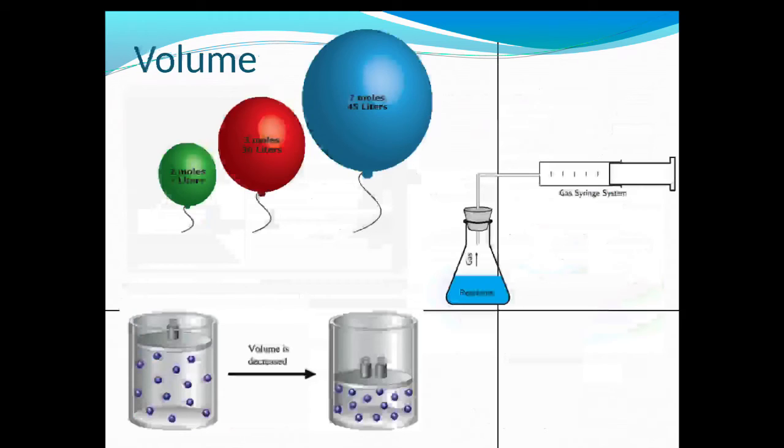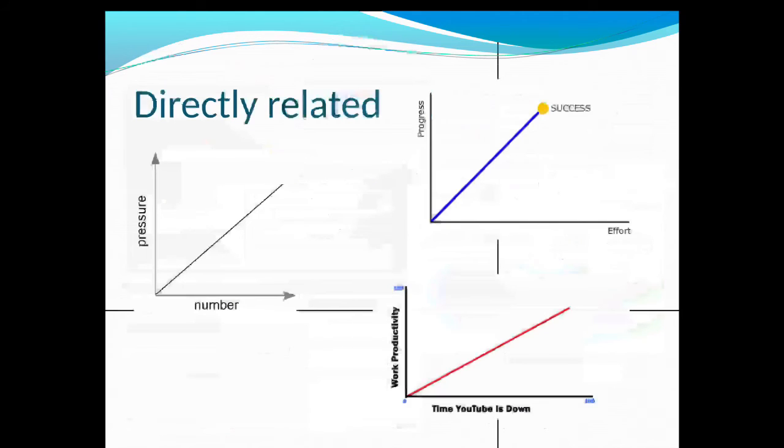The pressure is probably going to change also because now it's going to be hitting a different amount as before. And then at the right, you have the Erlenmeyer flask with a reaction that has a syringe connected to it that can measure how much volume of gas gets made from that reaction. And so volume, pressure, and temperature, very important variables for gases.